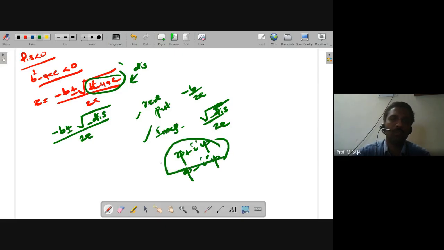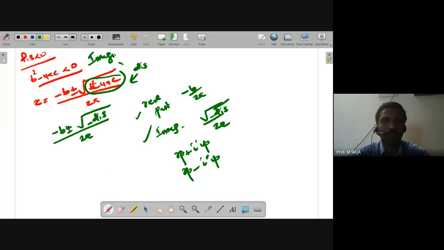So here the roots are imaginary. b square minus 4ac is less than 0, roots are imaginary. Let us see how to convert this computation, minus b plus or minus square root of minus discriminant by 2a, into two parts, separating the real part as well as the imaginary part.